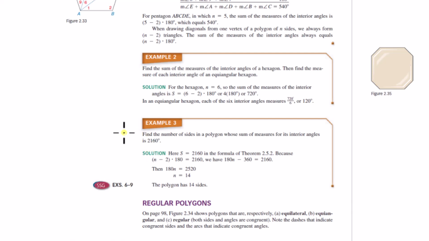Find the number of sides in a polygon whose sum of measures for its interior angles is 2,160. So, how many sides does this polygon have? Well, n minus 2 times 180 is going to be 2,160. So what is 2,160 divided by 180?